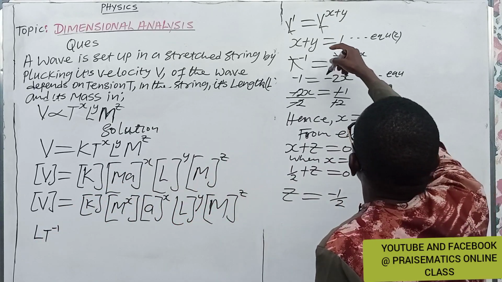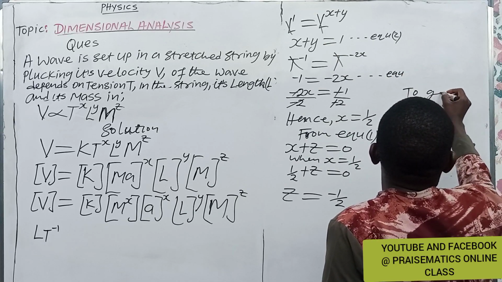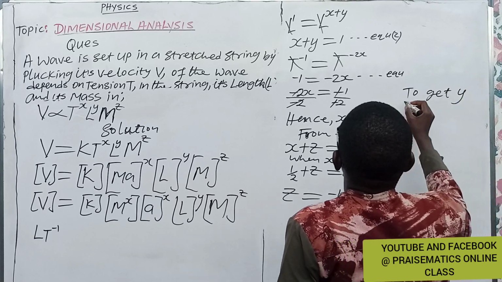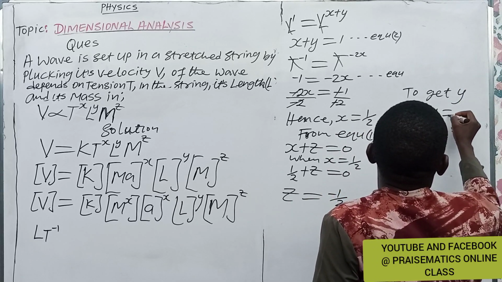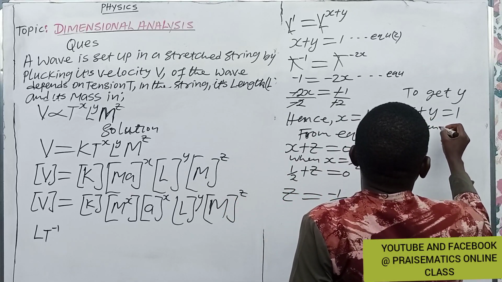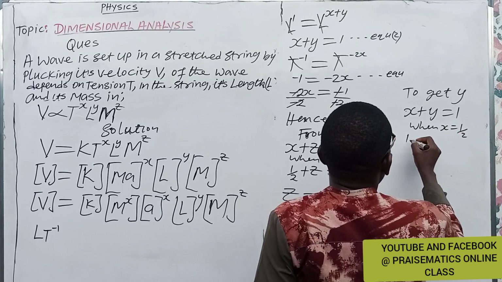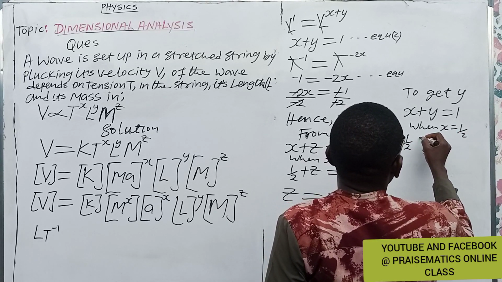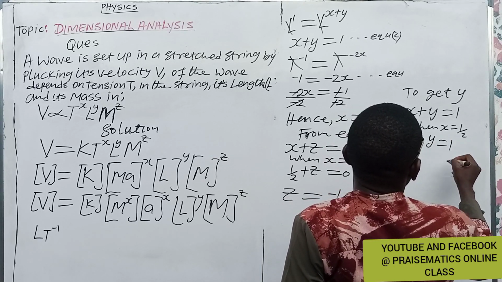Okay. Finally, to get Y, we go back to equation 2. X plus Y is equal to 1. Okay. When X is equal to 1 over 2, now this is 1 over 2 plus Y is equal to 1.